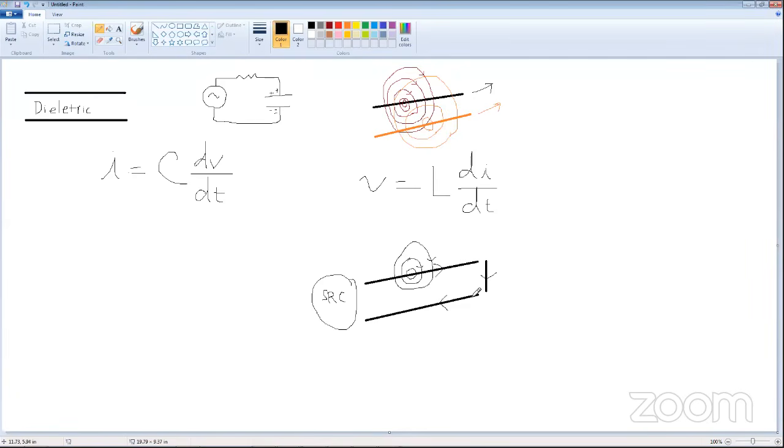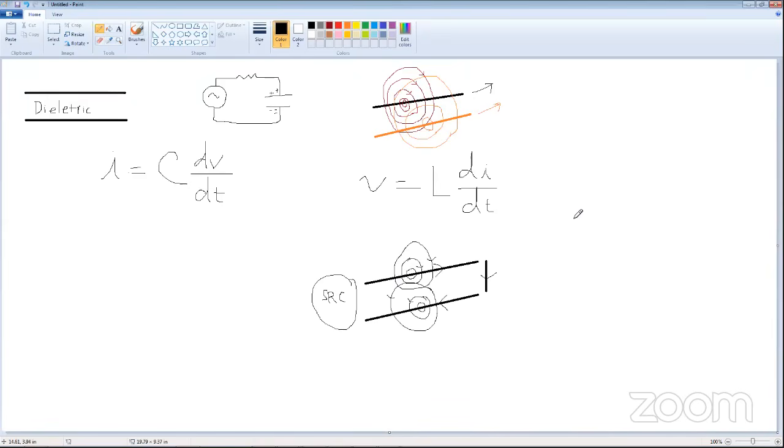But then these, because current is returning, are flowing in the opposite direction. So they're flowing this way. Now, why is this important?